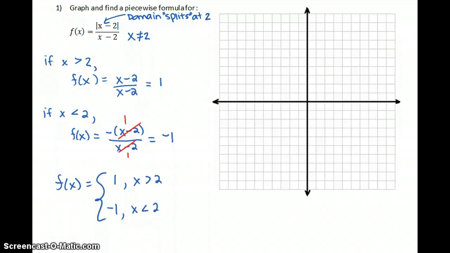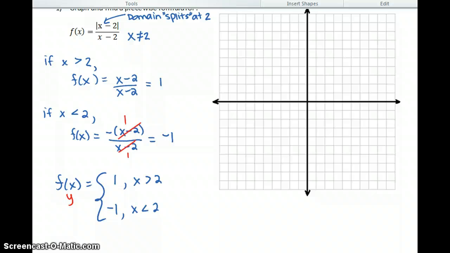Remember that f of x is the same thing as y, so think of this as y equals 1 whenever x is greater than 2. So if y equals 1, do you remember what kind of line that is? That's right, it's a horizontal line.